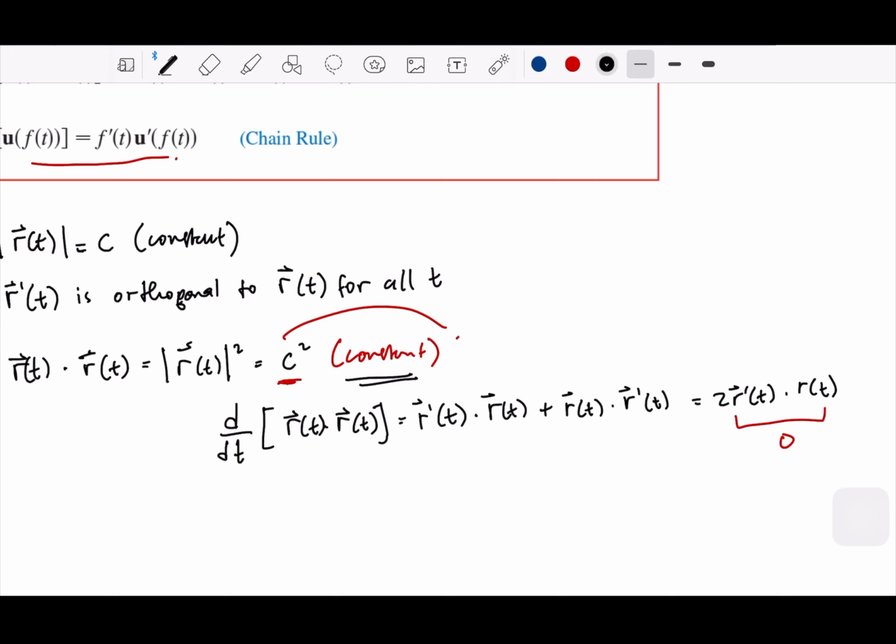And we say that r prime is orthogonal to the vector function itself.